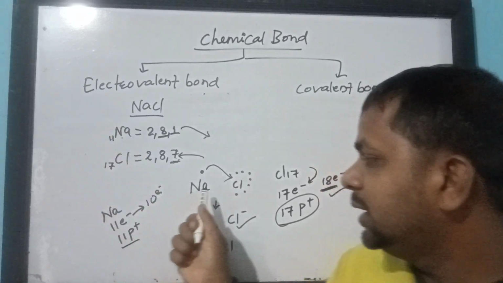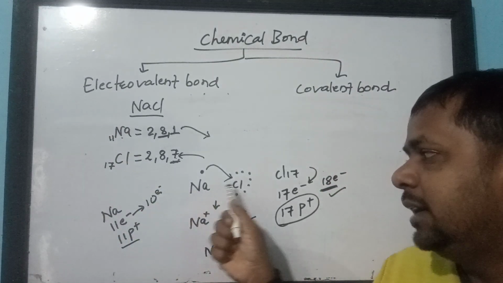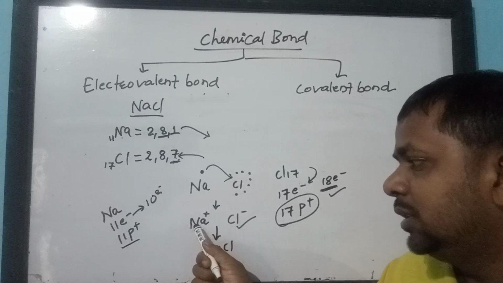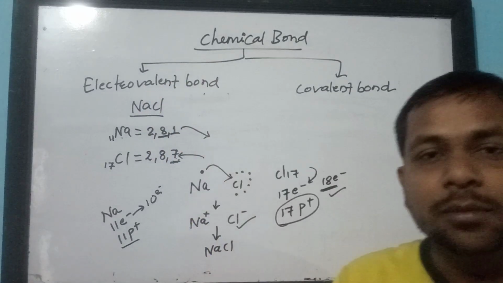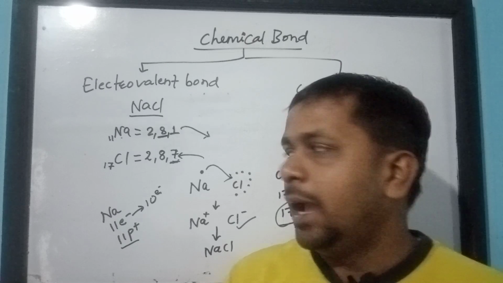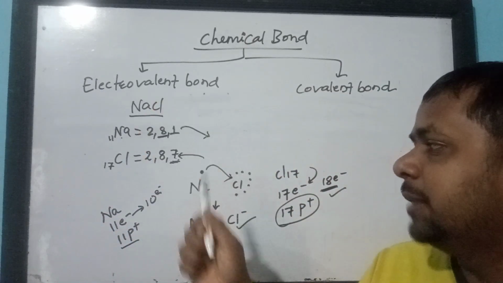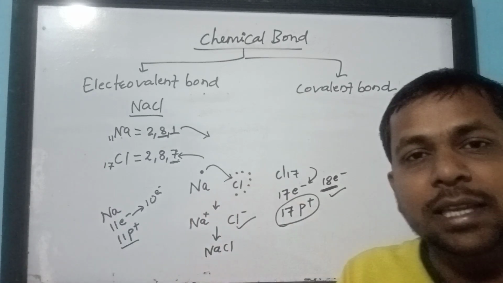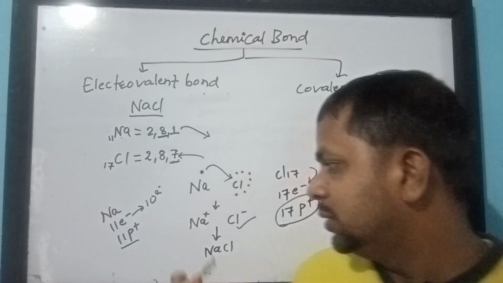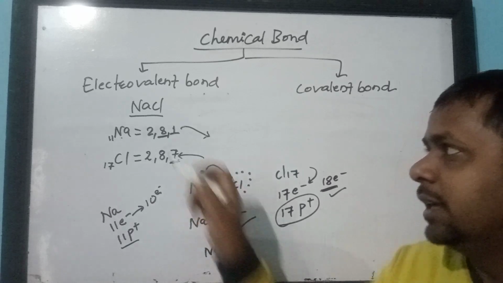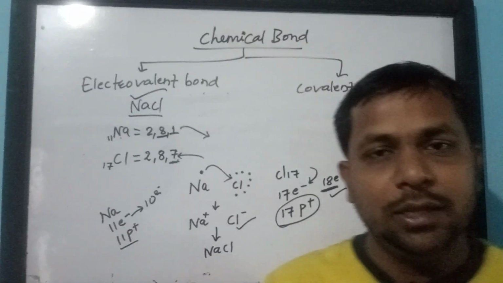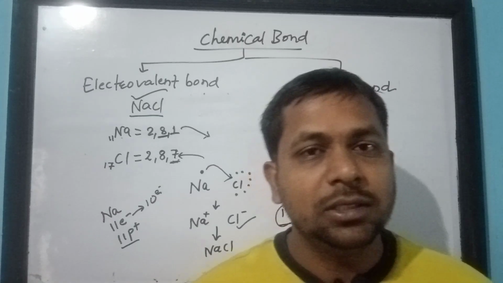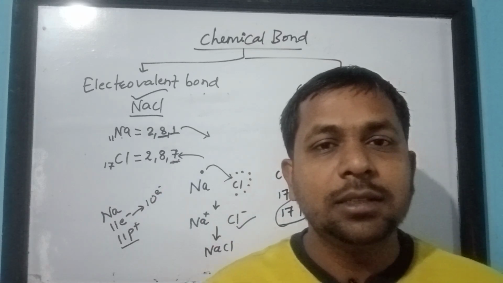And the bond that develops between metal and non-metal is called an electrovalent bond. This bond forms by one atom losing an electron and another atom gaining an electron. So this bond is called electrovalent bond. I hope you have understood what is electrovalent bond.